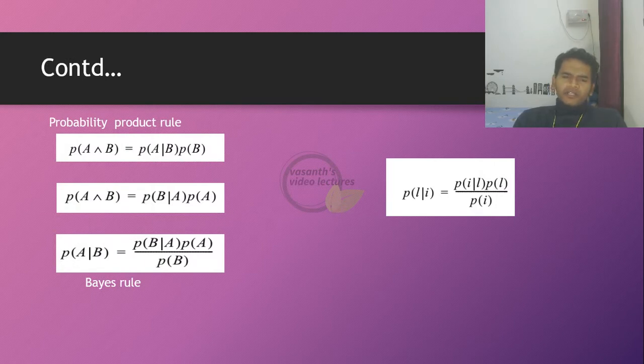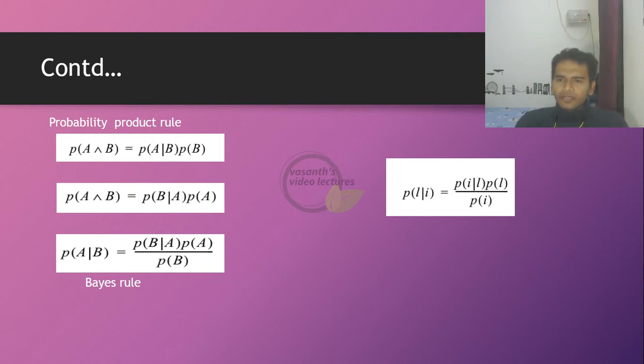So we have a product rule: the probability of A and B together is the probability of A given B, if B is already known, times the probability of B. Similarly, the probability of A and B can also be determined from the probability of B given A, if the probability of A is already known.